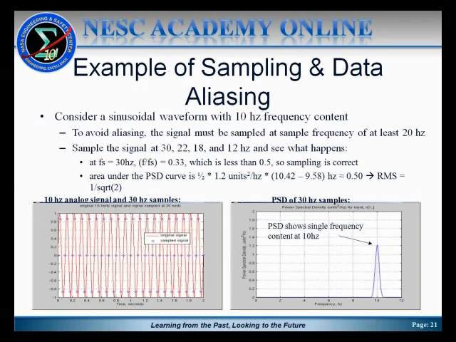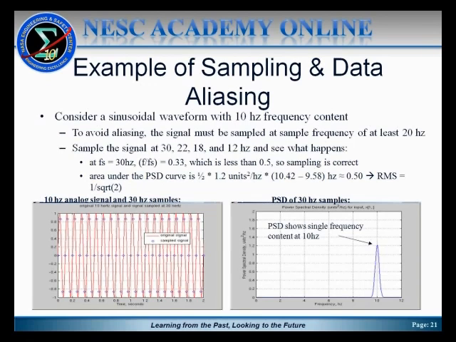And again, the reason 0.5 shows up is that the discrete Fourier transform will produce frequencies in the range of normalized frequencies from 0 to 0.5, or 0 to half the sample frequency. So any frequency content that has a normalized frequency of 0 to 0.5 would work okay. In this case, it's 0.33, so we should be able to correctly get the signal we are expecting.